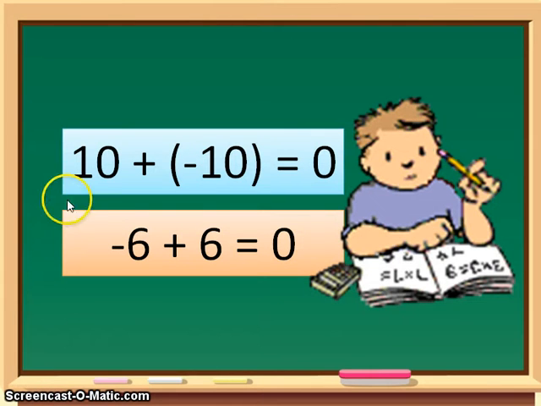So let's have this example. If we have the number 10, its additive inverse means the opposite sign. So if this is positive 10, its additive inverse is negative 10. If we add these two, we will get 0. Just the same here, if we have negative 6 and its additive inverse is positive 6, if we add these two, we will get 0.